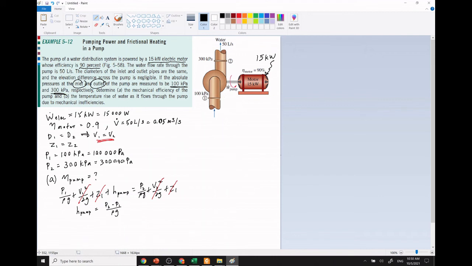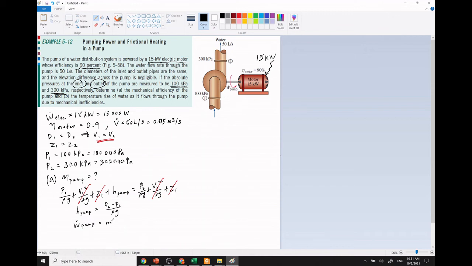Alright, and then we need to find the power for the pump. It allows us to estimate how much energy is given to the water by the pump.